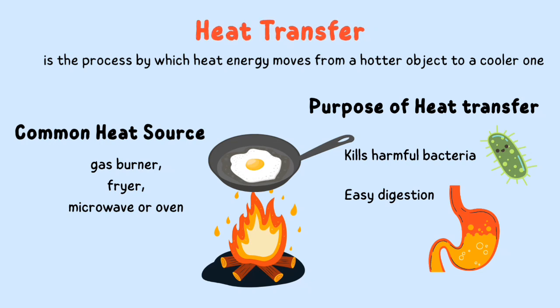In cooking, appliances such as a gas burner, fryer, microwave, or oven work as a heat source to transfer heat to food. Heat transfer helps in cooking the food. The purpose of heat transfer is to kill harmful bacteria that are present in raw food. It also helps to easily digest the food.